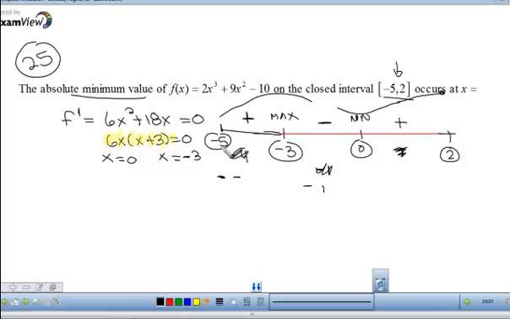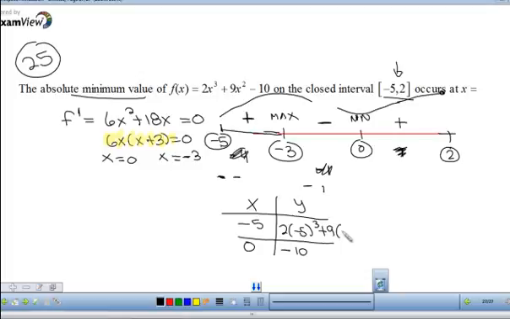So I just need to check negative 5 and 0. At 0, it's negative 10. At 5, that's going to be 2. So my absolute min occurs when x is negative 5.